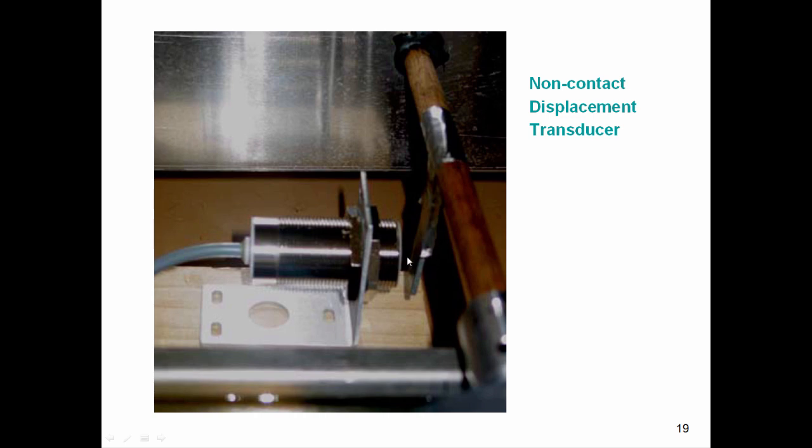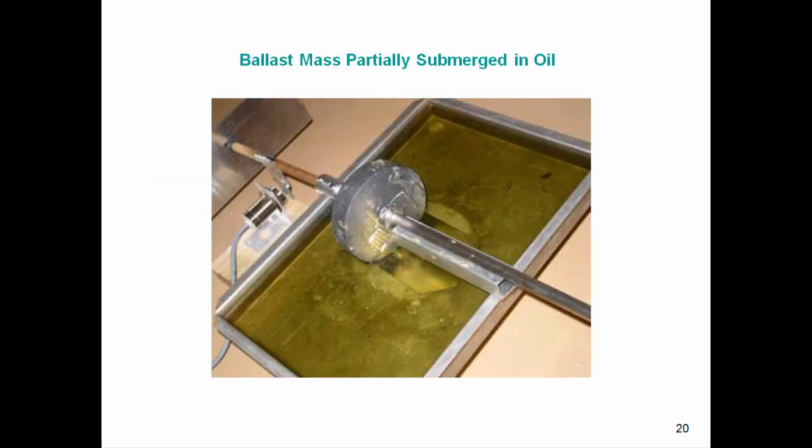And I did not have this calibrated in any particular unit, so the results that I obtained were unscaled relative displacement. And I think this is some kind of a linear variable induction transducer or some such thing. I actually ordered it from the Omega company.